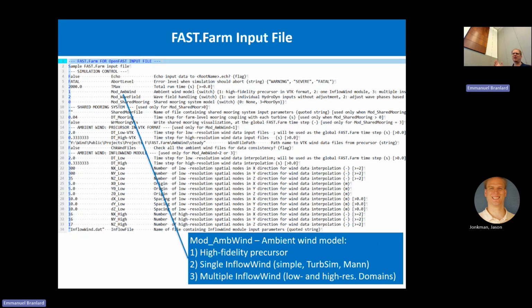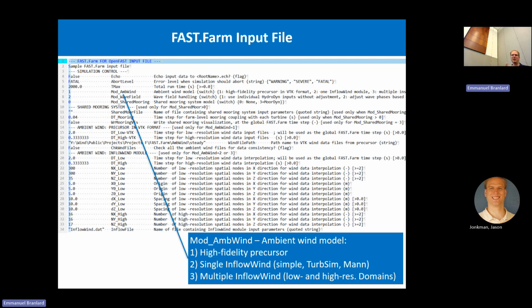Generally not recommended, because we generally recommend having different discretizations in the different domains, and this would be effectively the same TurbSim for all. So actually that option may be deprecated pretty soon, because we generally don't recommend ever using it. But yeah, it's really 1 and 3 we want. The 3 is really, again, multiple instances of InflowWind.